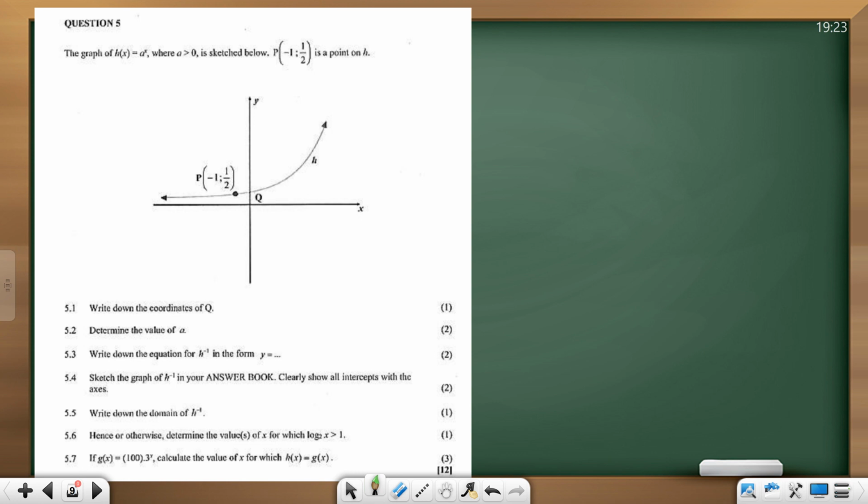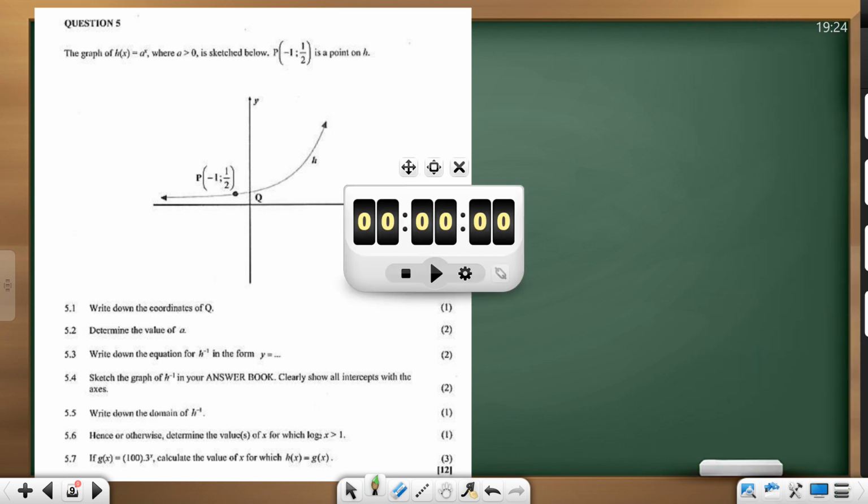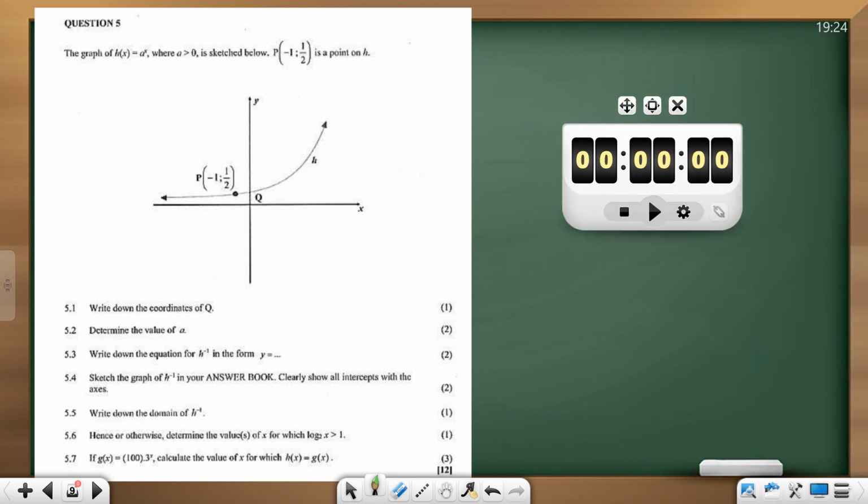There's something interesting in 5.7. Are shaking their heads, and when you shake your head, guys, I'm giving you 6 minutes. Try everything, not only 5.7, the whole thing. 6 minutes. Okay, 7. Come, let's push.